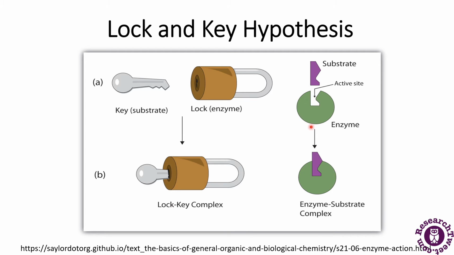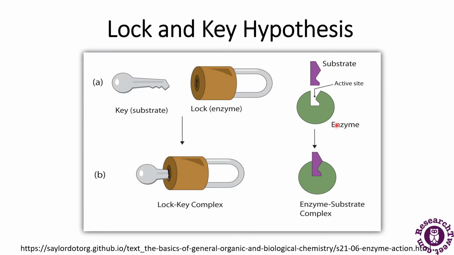This pocket where the enzyme combines with the substrate and transforms the substrate to a product is known as the active site of the enzyme. This is the early model describing the formation of the enzyme substrate complex, which is called the lock and key model. This model was proposed by Emil Fischer in the year 1894.